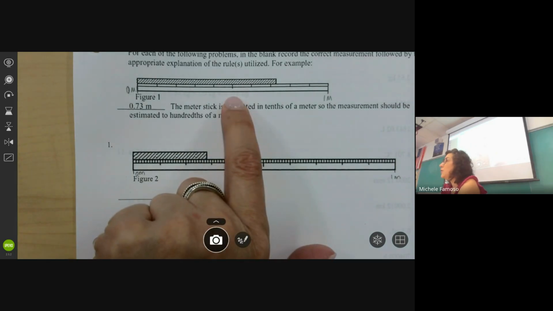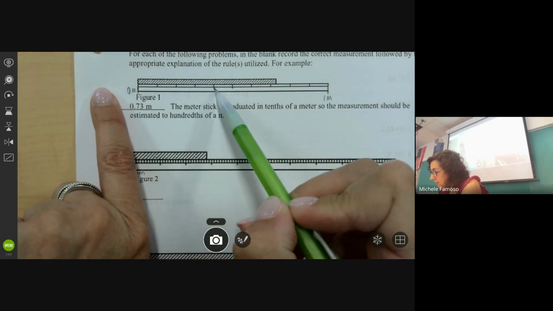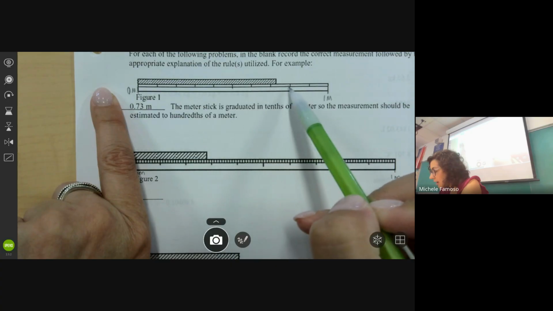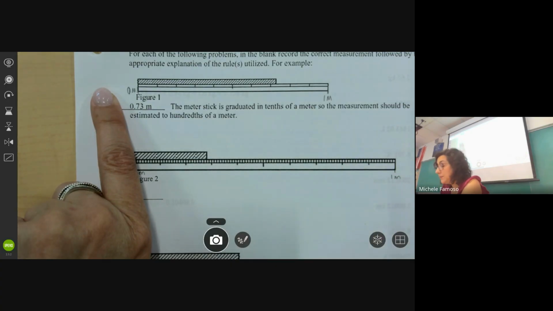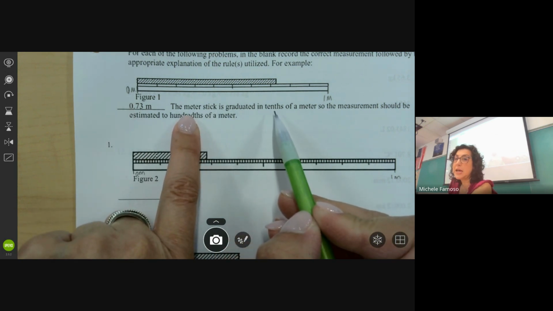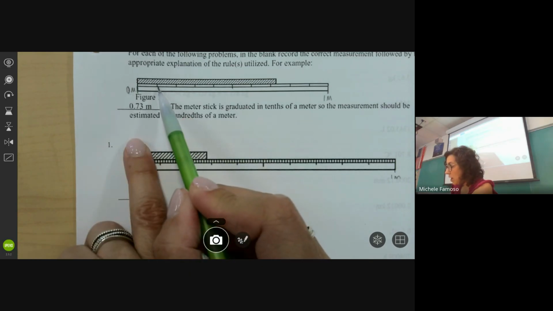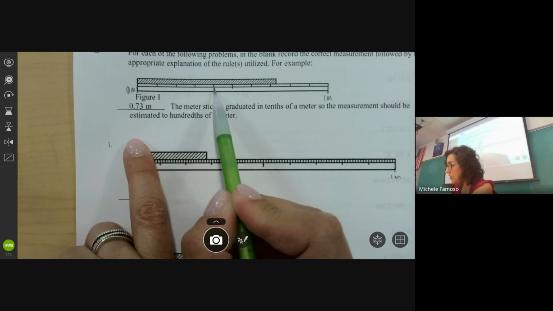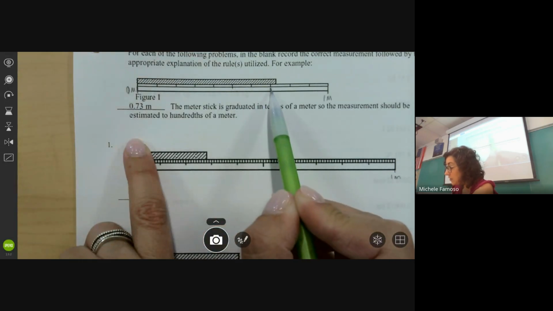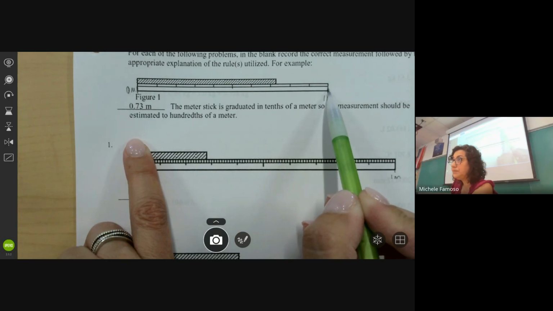If I look at this first meter stick, what are those little subdivisions? How much of a meter are they? Tenths. And that's what it tells us, that meter stick is graduated into tenths of a meter. Graduated means broken down. Those are those subdivisions, tenths. 1 tenth, 2 tenths, 3 tenths, 4 tenths, 5 tenths, 6 tenths, 7 tenths, 8 tenths, 9 tenths, and then a meter, or 10 tenths, which is 1 meter.